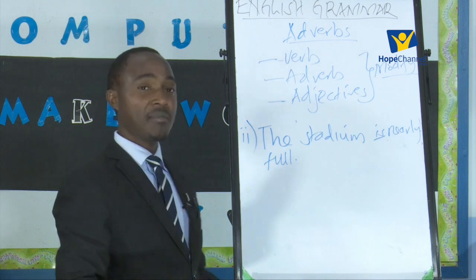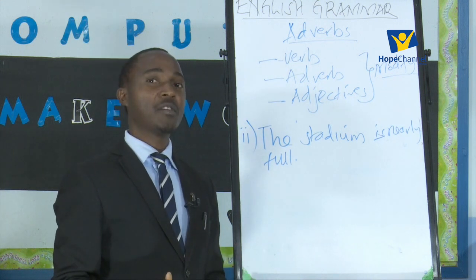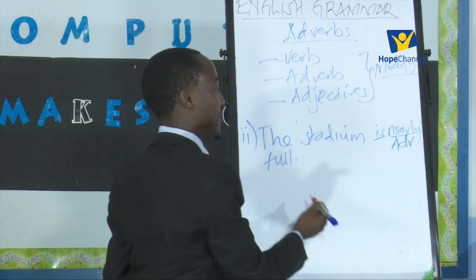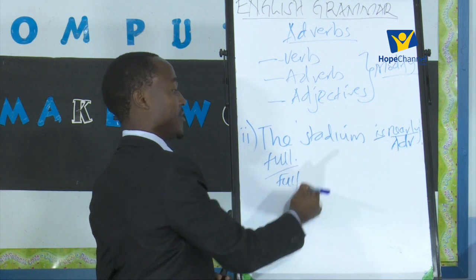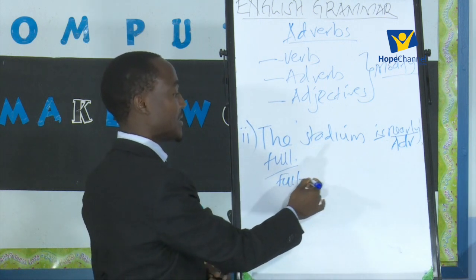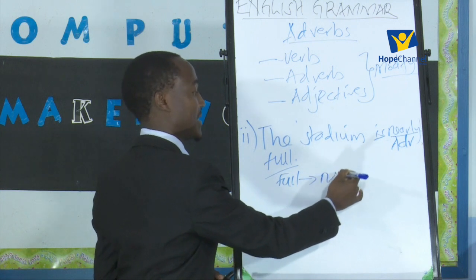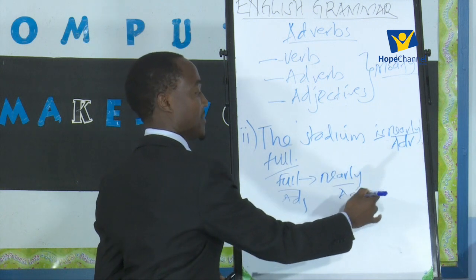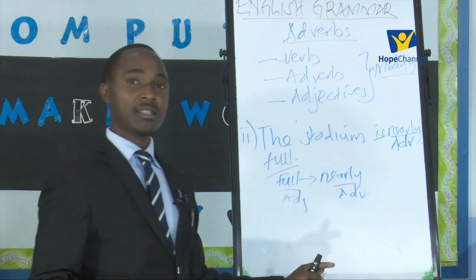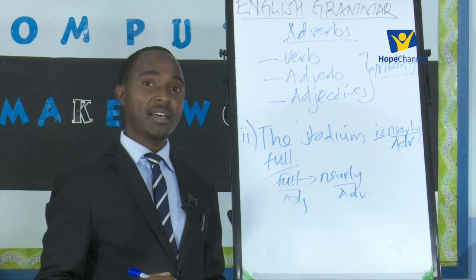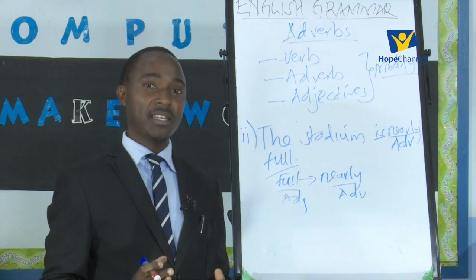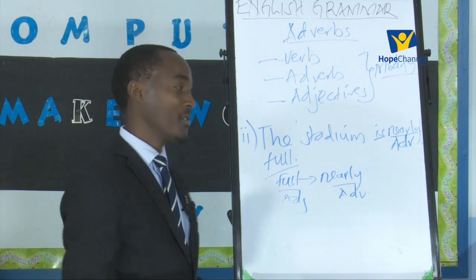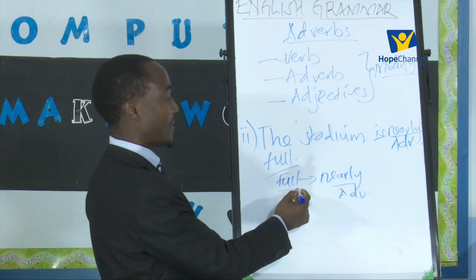We're saying the stadium is full, but to qualify that fullness, we're saying it is nearly. Nearly is our adverb. The word we are modifying here is full, which is an adjective, and nearly is the adverb. It is not full to capacity, it's nearly, that means it's almost full. So it is modifying the adjective full.